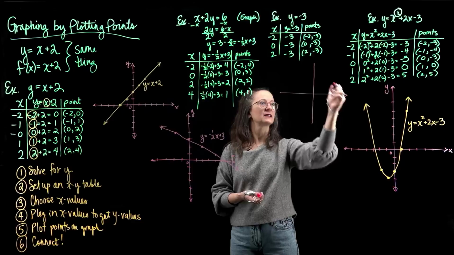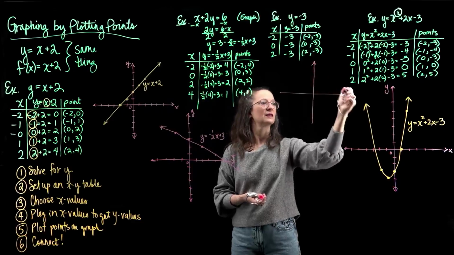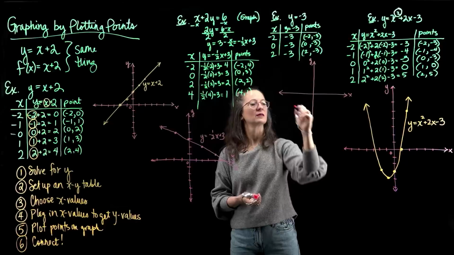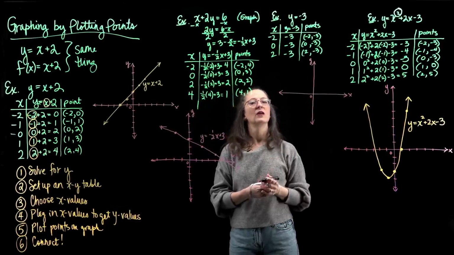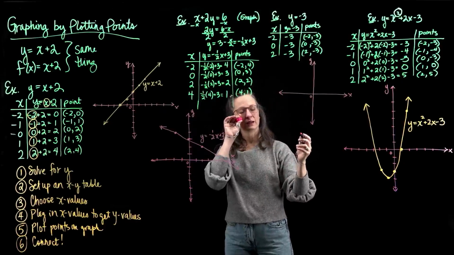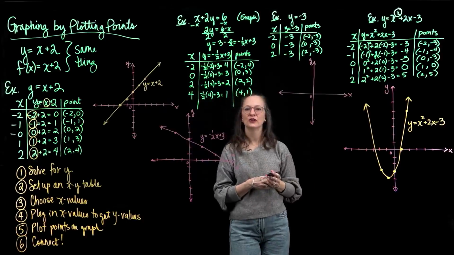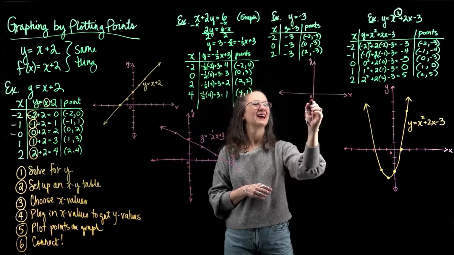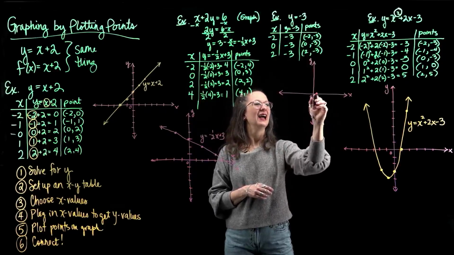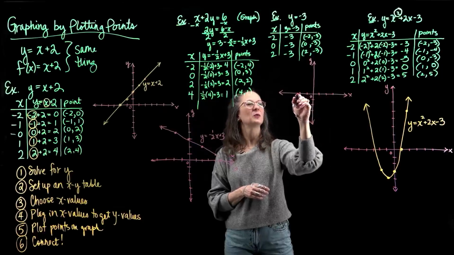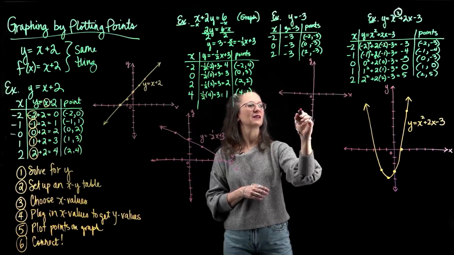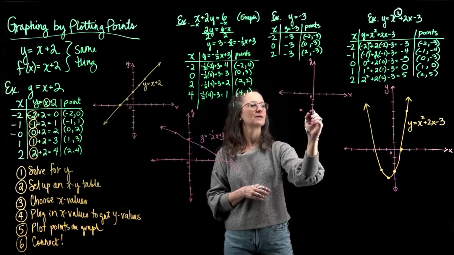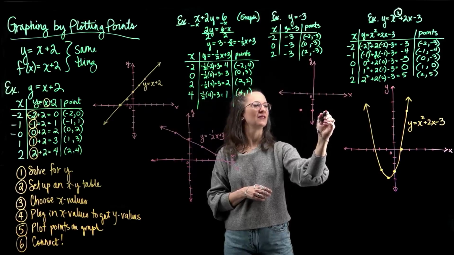Again, I have that x and y axis. Horizontal line that I've labeled x, and a vertical line right straight through the middle labeled y. And we can plot the points that we found on this graph.